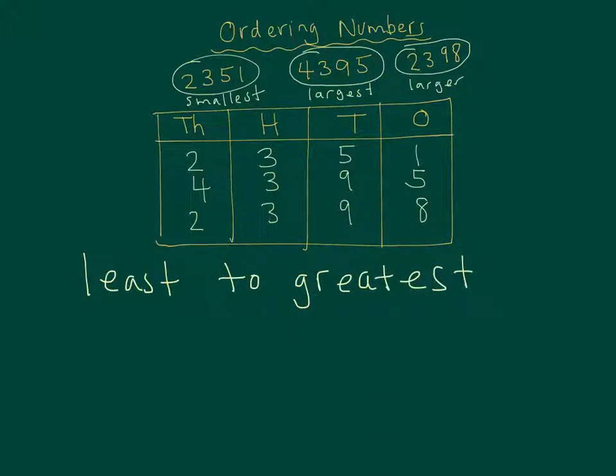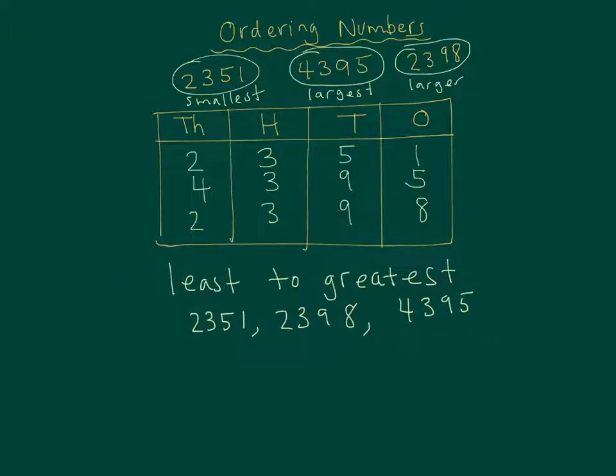So the smallest one is 2,351, comma. The next one is 2,398. And the greatest number is the largest, which is 4,395.